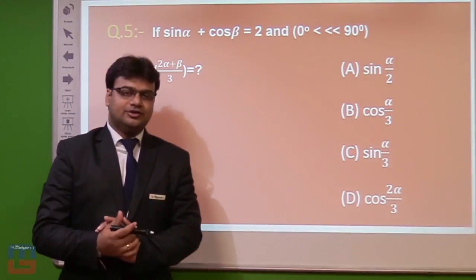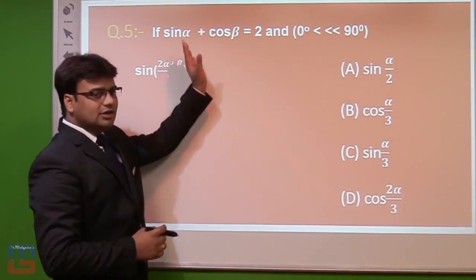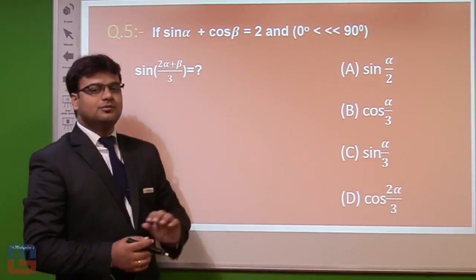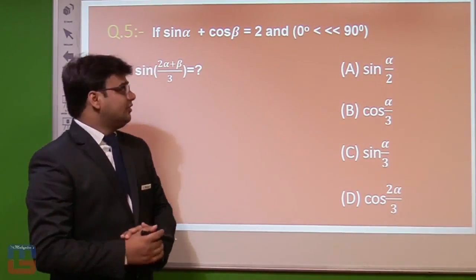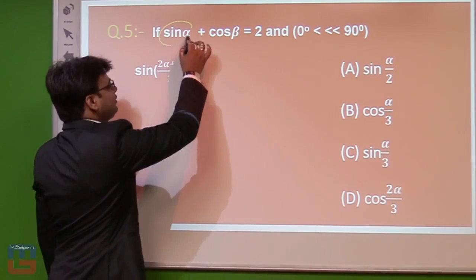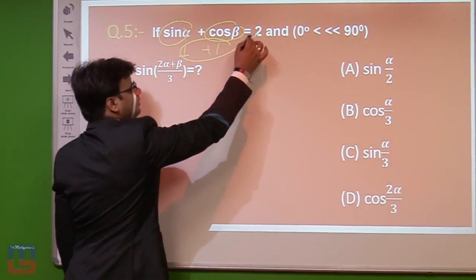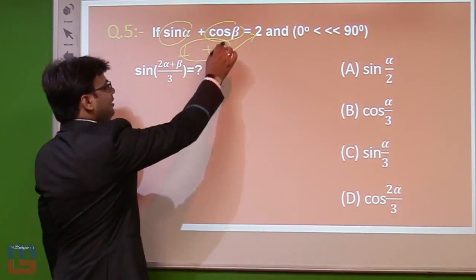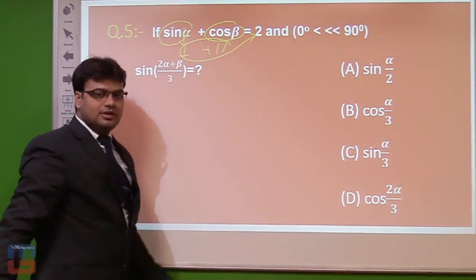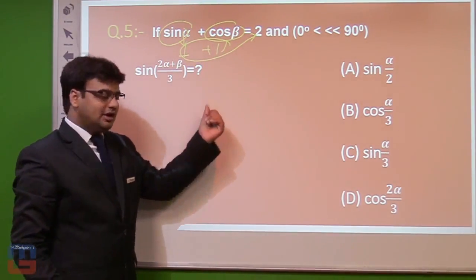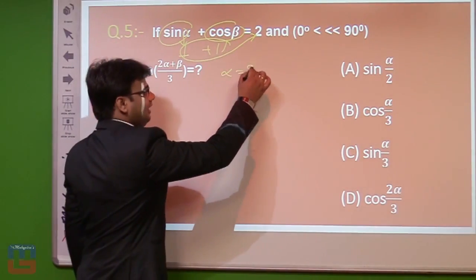This question is based on trigonometry and it uses sin alpha plus cos beta is equal to 2. That means both values are 1. That means 1 added, then we get 2. Check. Sin alpha is equal to 1, that means alpha is equal to what? 90 degrees.